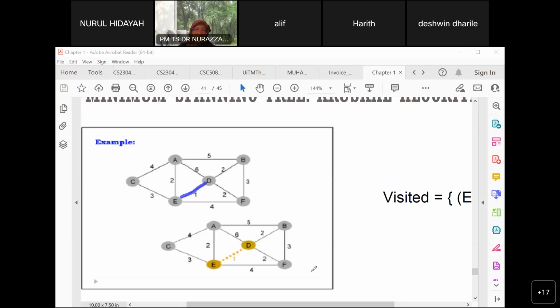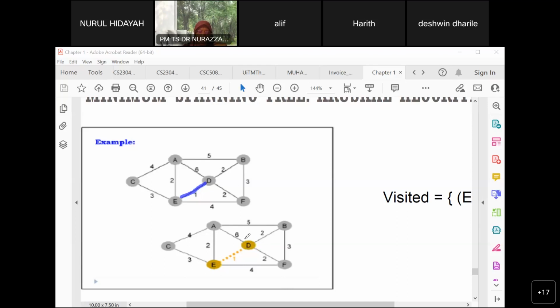Okay, the next one kita go through the edges punya list tu. Yang the next weightage, yang smallest weightage ialah 2. Ada beberapa edges yang weightage dia 2 kan. That means A to E, D dengan B, dengan D dengan F. Kan?